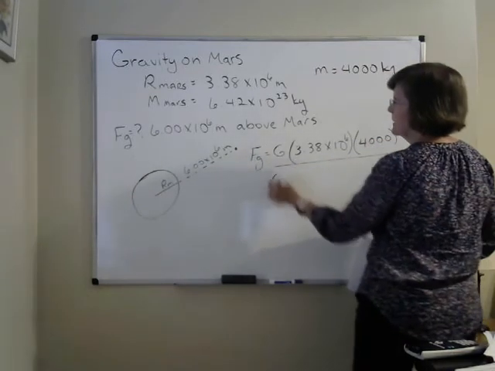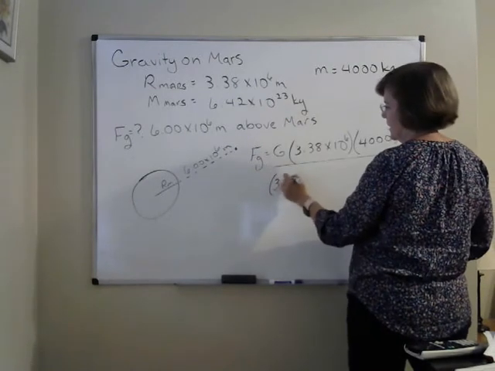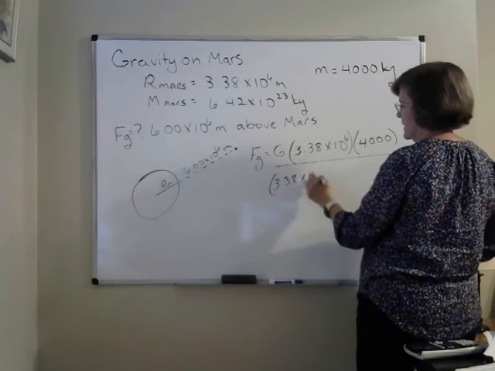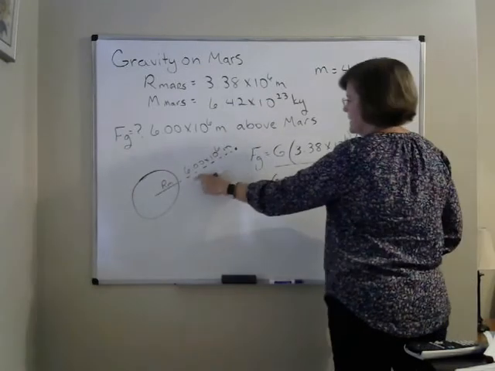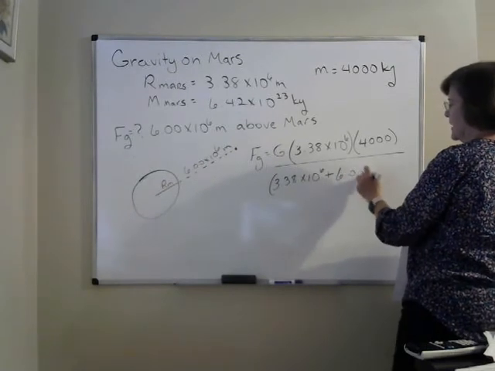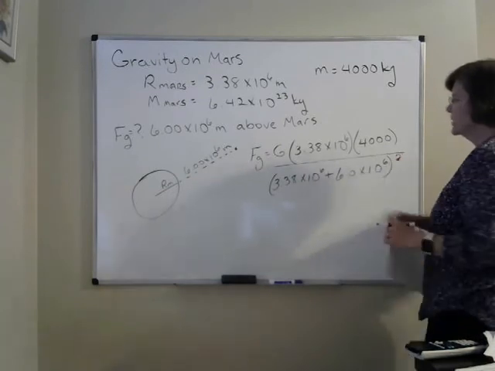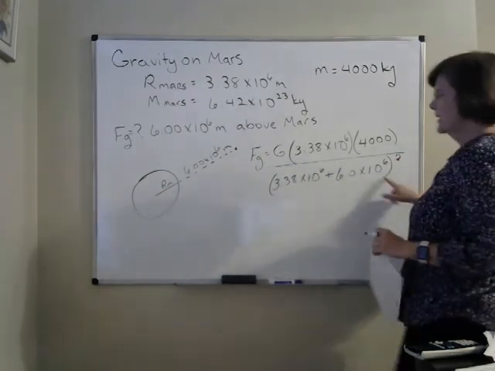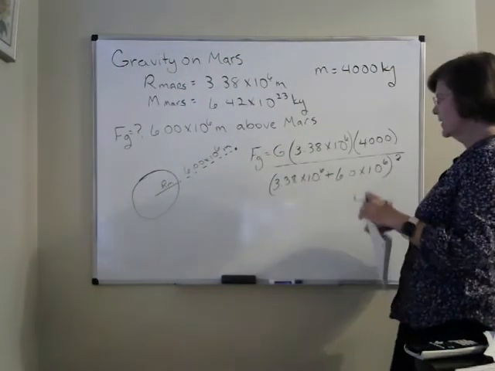Now the distance is this distance, 3.38 times 10 to the 6, plus this distance, 6 times 10 to the 6. And we have to do r squared. So our new distance between is the radius of Mars plus this extra distance above Mars.